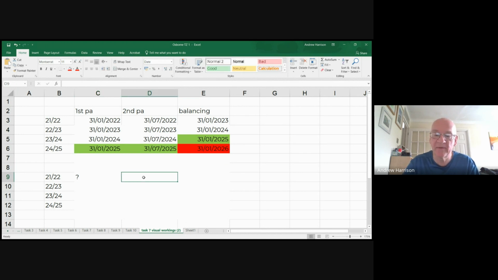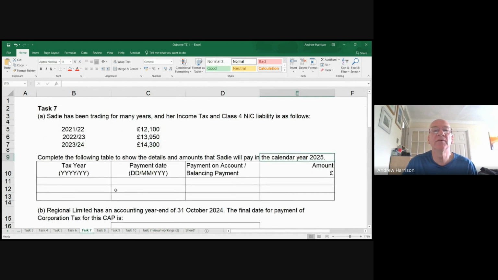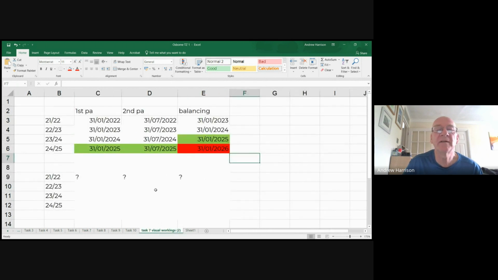So we're just going to leave that one as a blank. So the two payments on account, and therefore we don't know the balancing payment. Although we've got the 12,100 for 21-22 in the question, we can't actually do anything in terms of the workings out, but what we can do with it is the balancing payment, and the first and second payments on account for the next year.